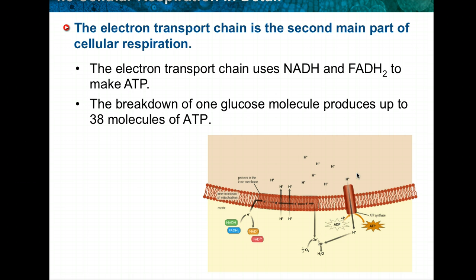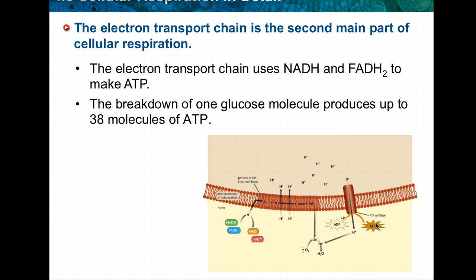So each time the ATP synthase, this little guy, rotates or spins around, the enzyme basically grabs a low energy ADP and attaches a phosphate, which, as you guys know, creates ATP. So every time it spins, it attaches a phosphate. You can see that right here. So it spins, attaches phosphate, gets ATP.